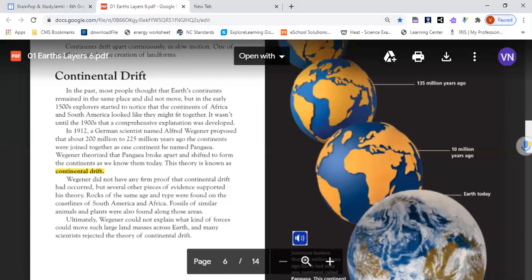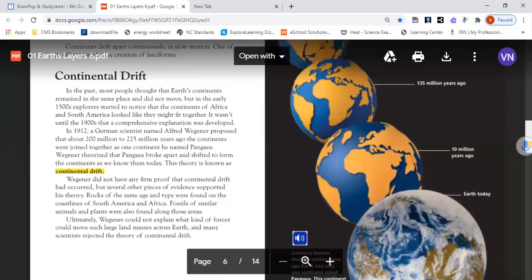But as things moved on, rocks of the same age and type were found on the coastlines of South America and Africa. People found certain types of rocks, fossils, plants and animals on both coasts. Fossils of similar plants and animals were also found in other areas too.